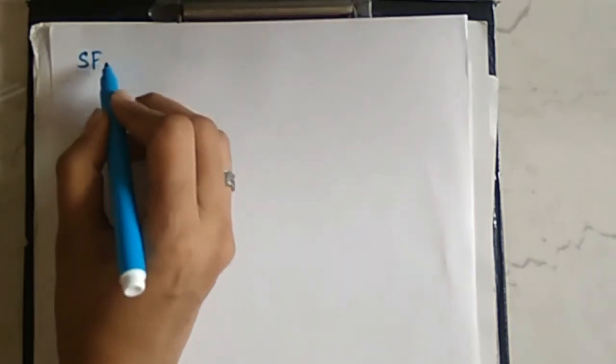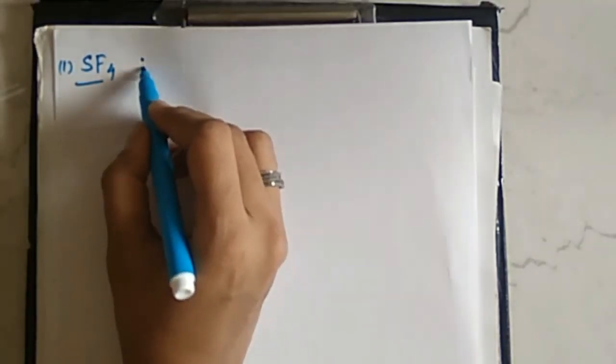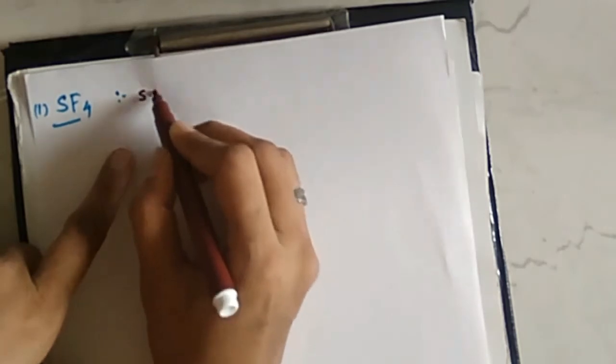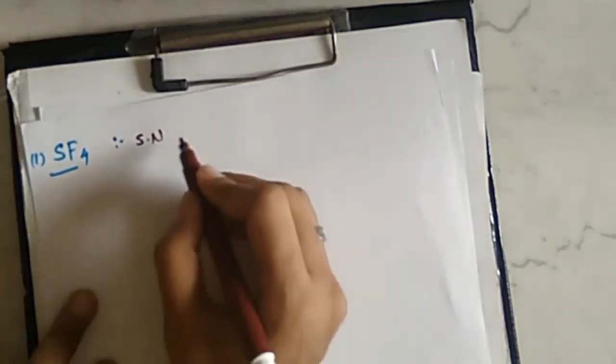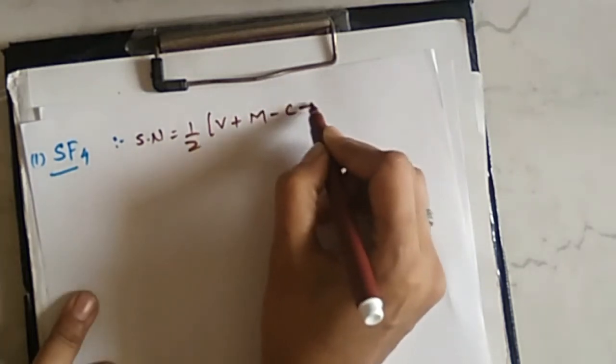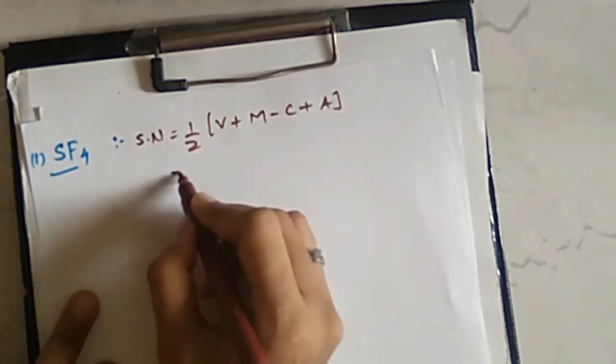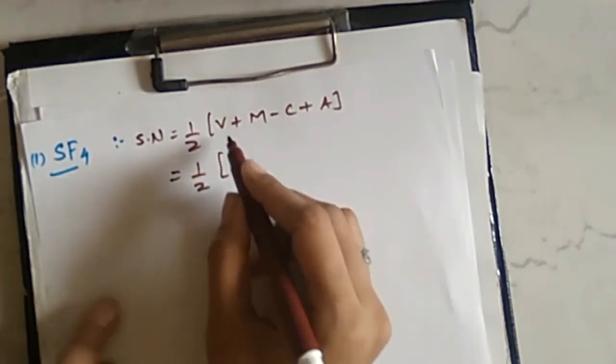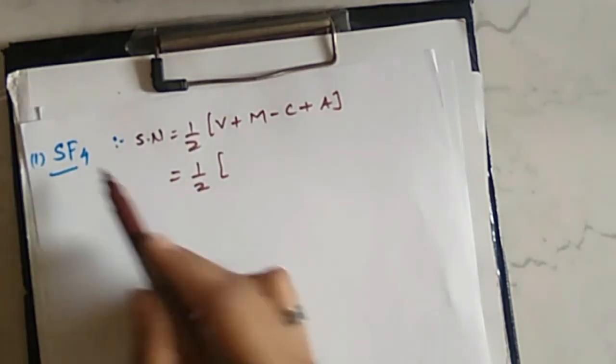Say SF4, right? SF4, if we take, using the first technique that predicts only the hybridization, where we calculate the steric number, that is equal to half into V plus M minus C plus A. So this gives half into the number of valence electrons on the central atom.